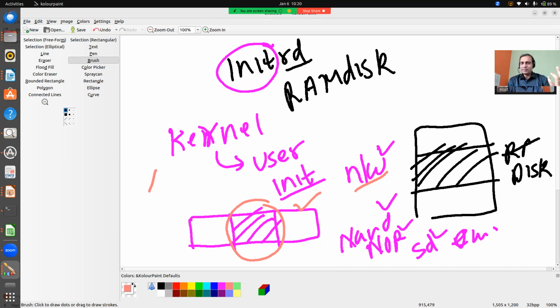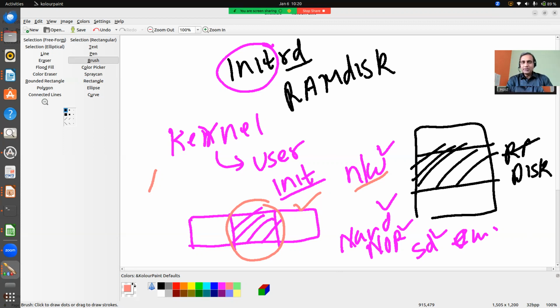Now, how is that possible? Does that mean in the kernel you will integrate all the drivers of the world which are available? Not possible. There can be thousands of drivers. It's not possible for us to integrate all those drivers in the kernel.